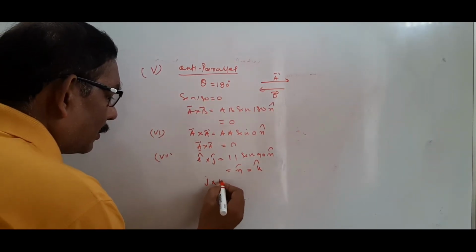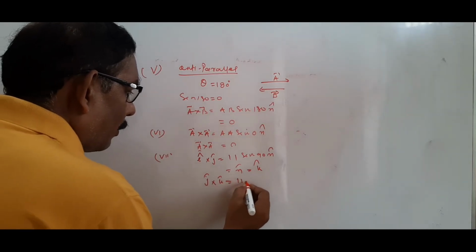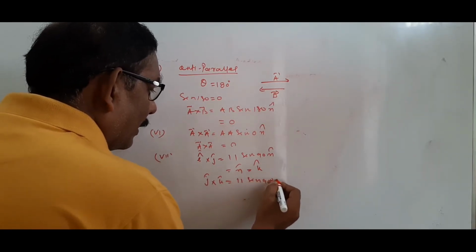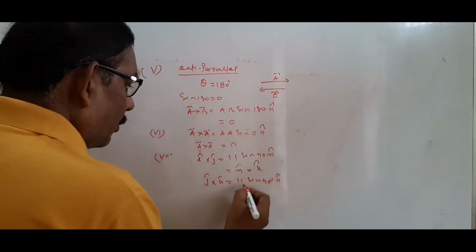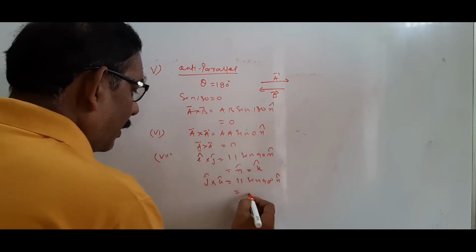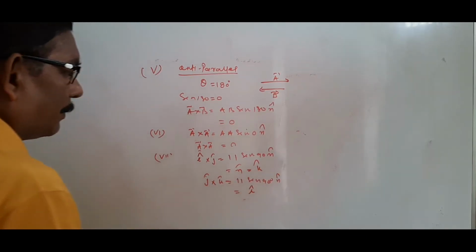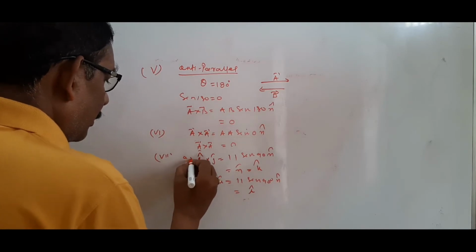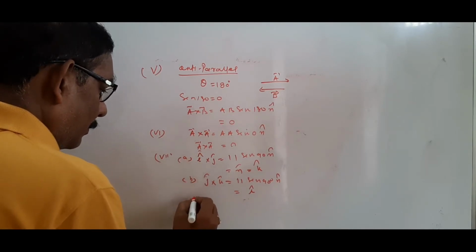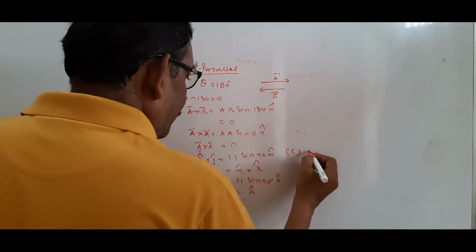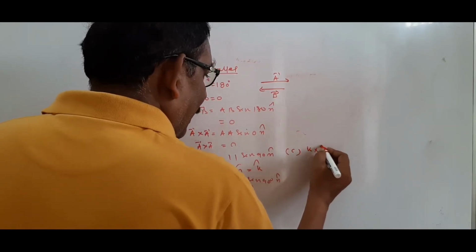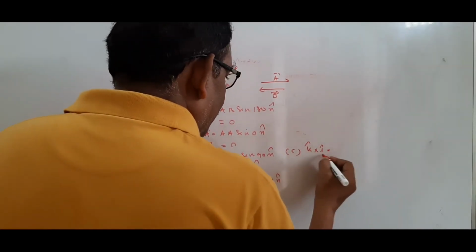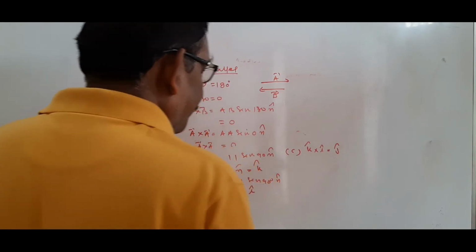J cross K is 1 into 1 sin 90 n cap, which is equal to I. Similarly, K cross I is J cap.